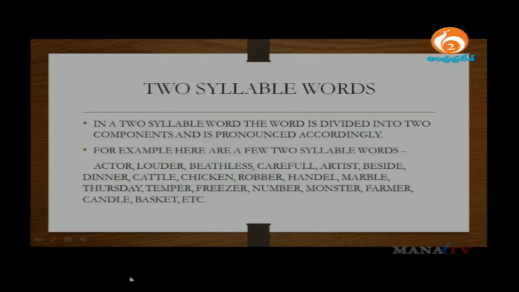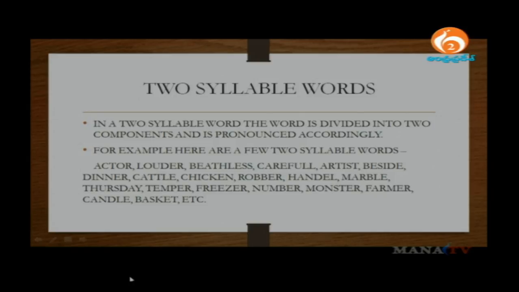For example, actor, louder, breathless, careful, artist, beside, dinner, cattle, chicken, rubber, handle, marble, Thursday, temper, freezer, number, monster, farmer, candle, basket.